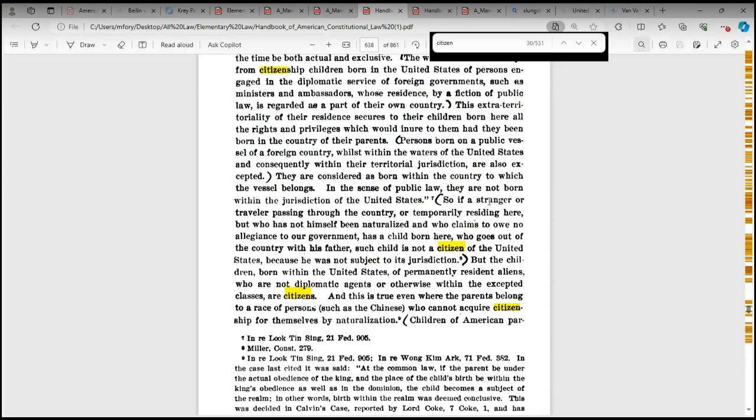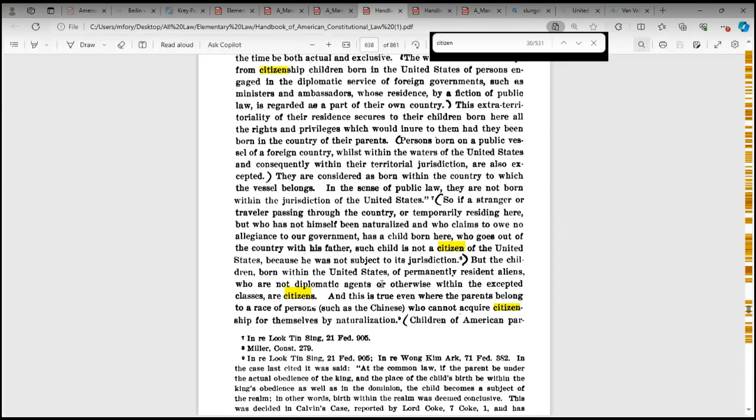So if a stranger, meaning a person who's passing through, or traveler passing through the country or temporarily residing here, but who has not himself been naturalized and who claims to owe no allegiance to our government, meaning no intention, has a child born here who goes out of the country with his father, such child is not a citizen of the United States because he was not subject to his jurisdiction.